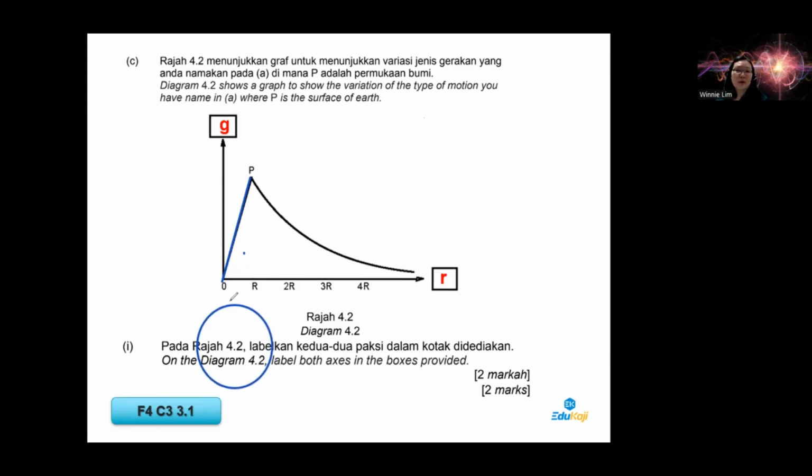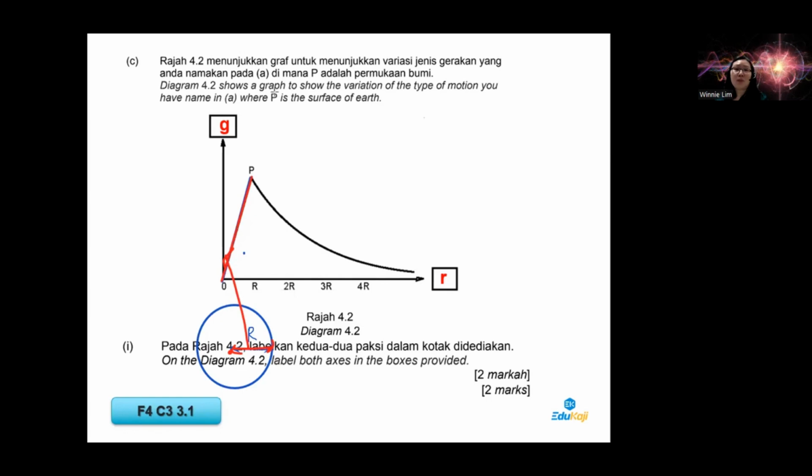The radius of Earth from here to here is basically R. From the center of the core of the Earth until the surface, the relationship is directly proportional. I put it in red also, easy for you to get the idea.